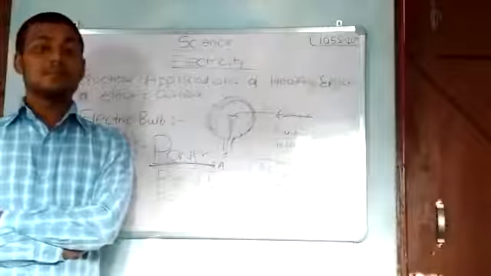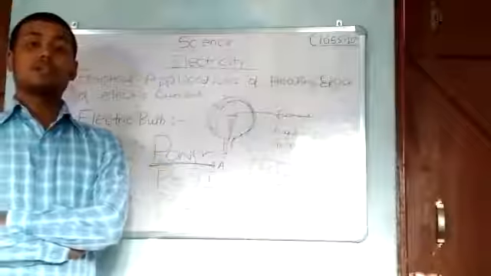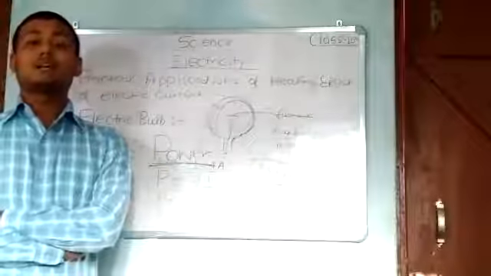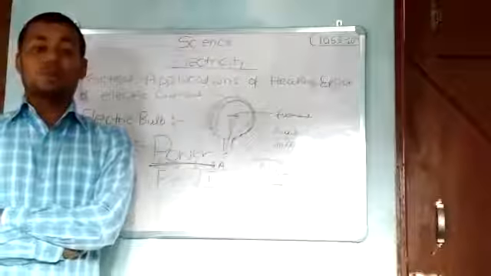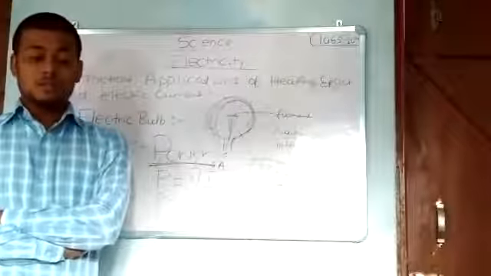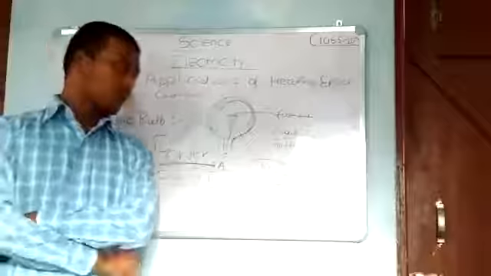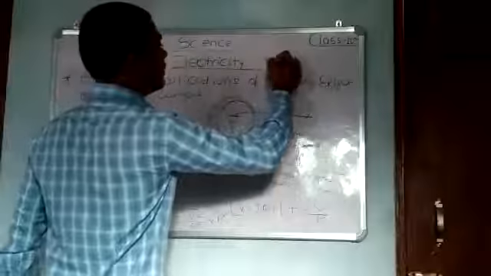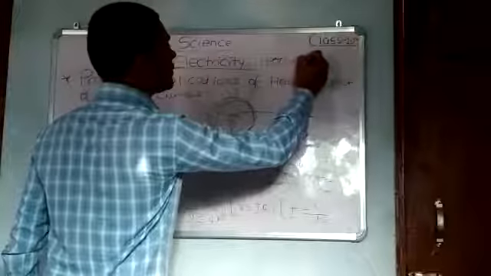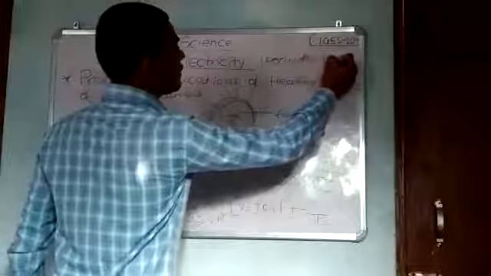Why? In practical life the quantities are much larger and also much smaller than our imagination. So we use kilowatt. You know what is kilowatt? Yes, 1000 watt is equal to 1 kilowatt.